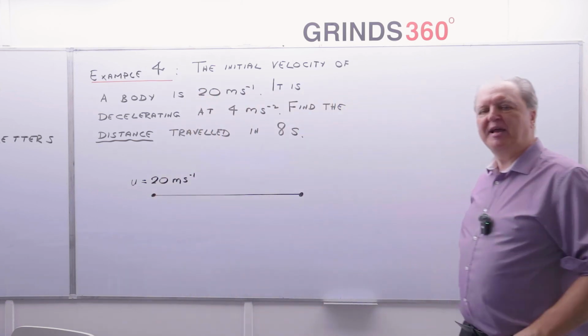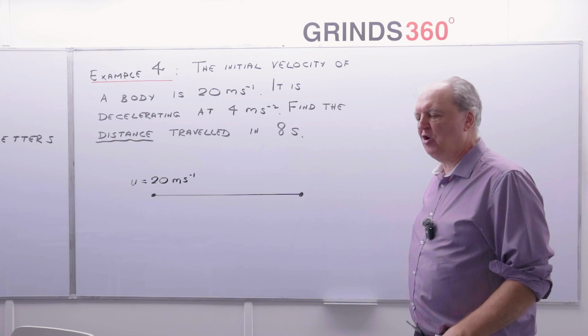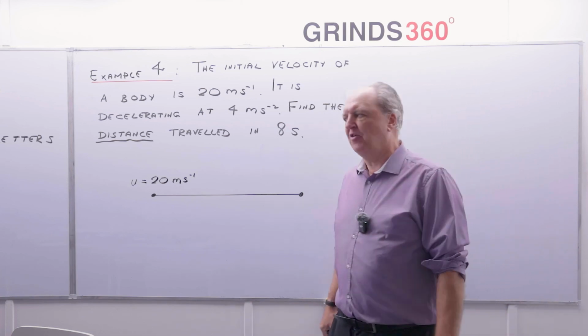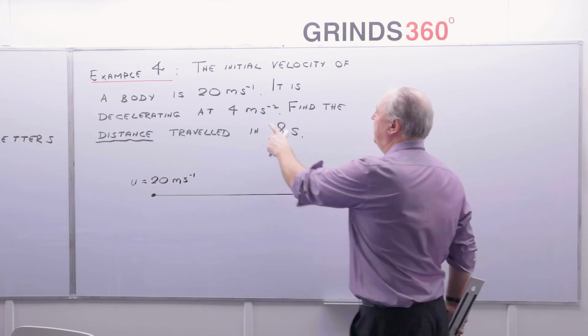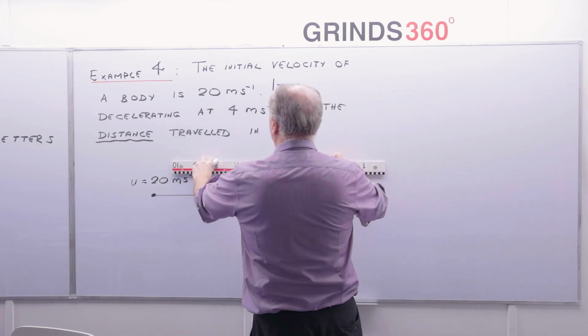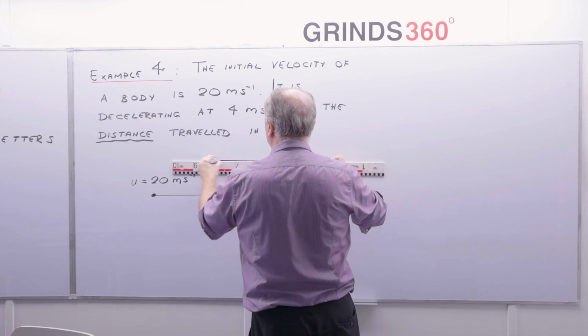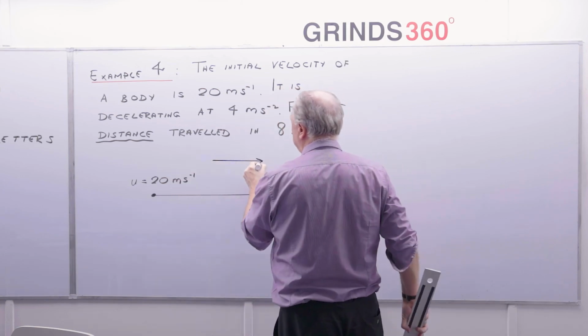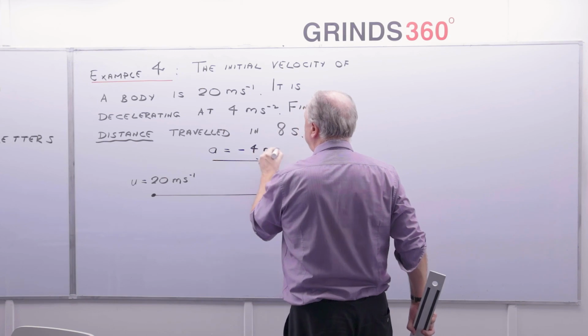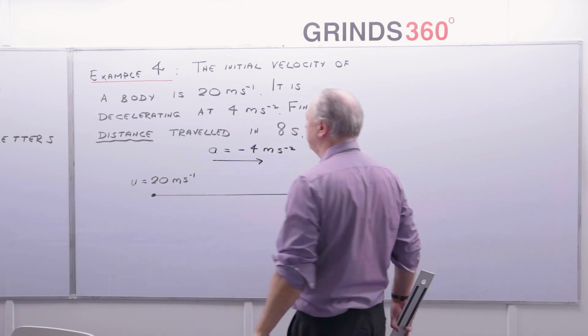It is decelerating. So when we talk about deceleration, we're going to put a negative on the A. So if I'm saying it's decelerating at 4 meters per second squared, I'm going to put my arrow for acceleration slowing down. I'm going to write down A is minus 4 meters per second squared.